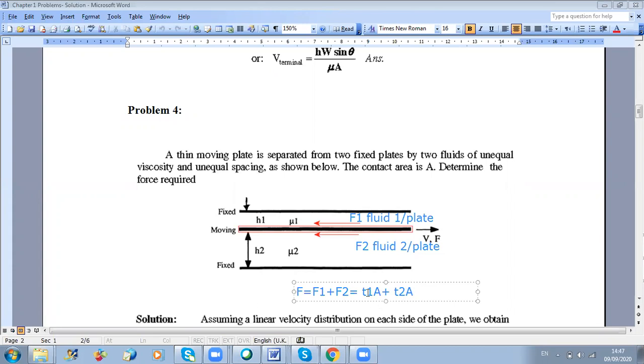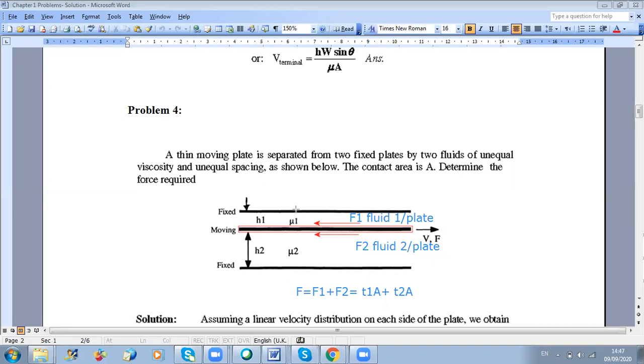Now, what is tau 1 and tau 2? Now I can go back to my definition. Mu1 V over H1. Very good. So for tau 1, it's mu1 V over H1, and for tau 2, it's mu2 V over H2. Why can I write this? Because if you go back to your figure, as you can see here, the top plate is fixed.